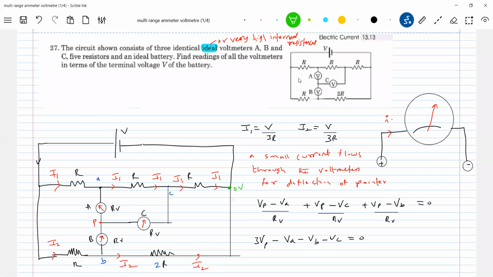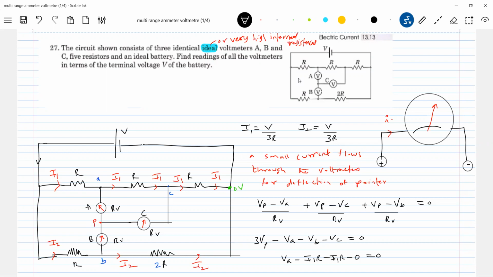So here I'll write down the loop equation. VA minus I1R minus I1R minus 0 equals 0.